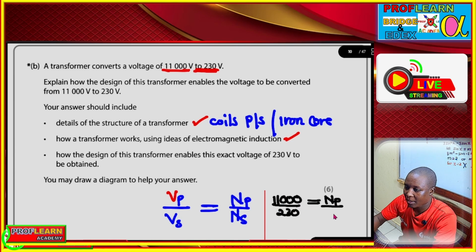The number of turns in the primary coil, how many were given? Let me check. We were not given anything, but we are going to give a ratio which is going to enable us to write that.